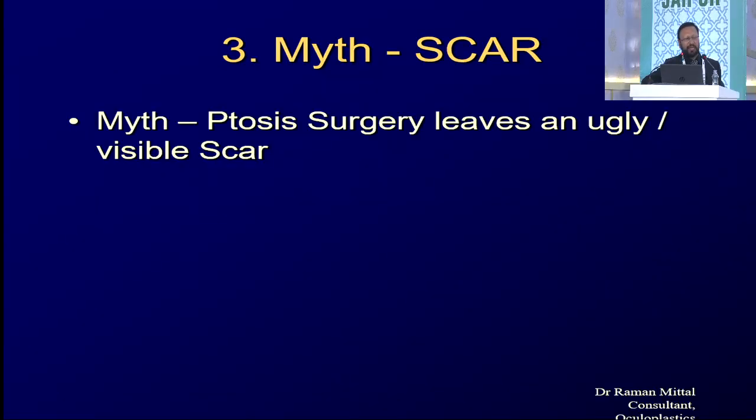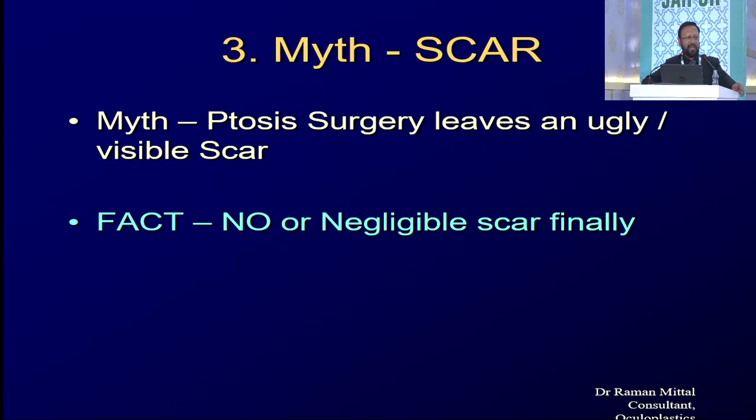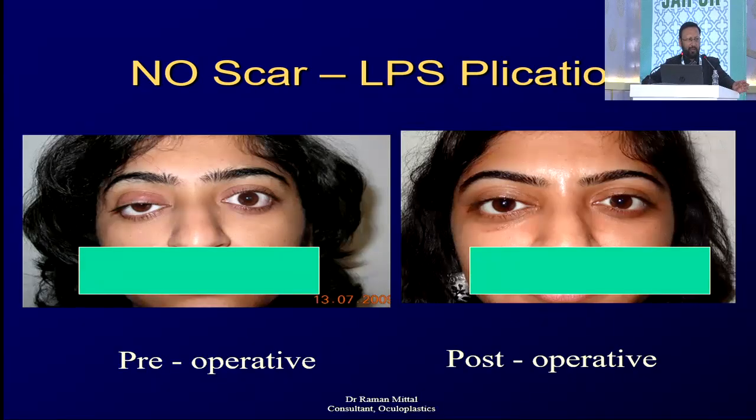The third myth is that scars may be ugly. But ptosis can be seen from a very large distance, whereas scars, just in case any, are negligible or there is absolutely no scar. They are not visible even if you look very closely, as you see in these pictures.